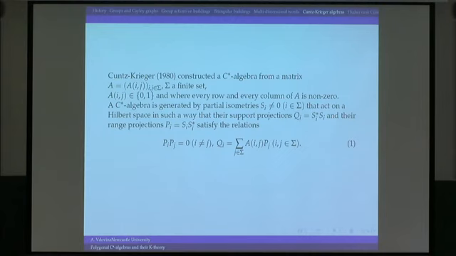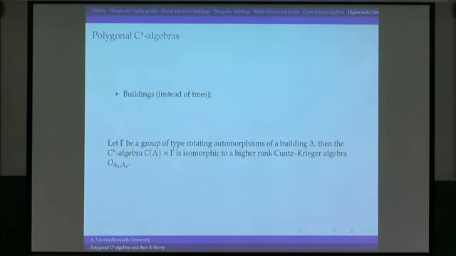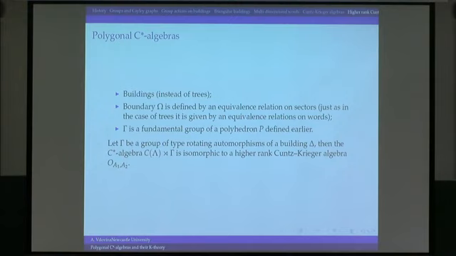But now, when we go to the higher dimensional case, what happens is that, first of all, instead of trees, we consider buildings. And instead of saying free group in the Cuntz-Krieger construction, we consider those groups acting co-compactly on buildings, which I was talking about during the first half of my talk.